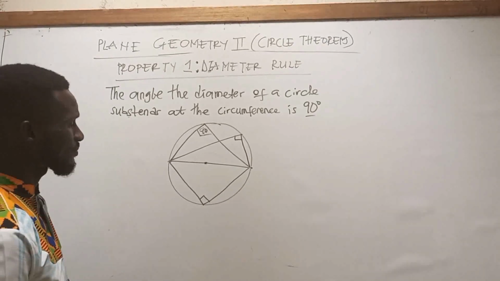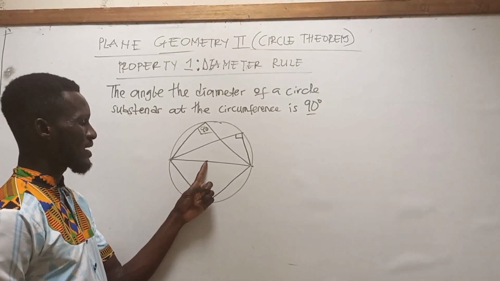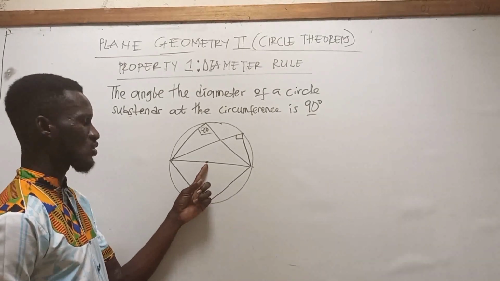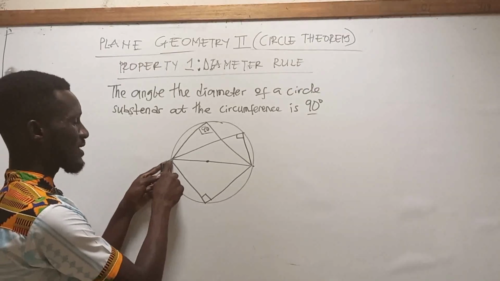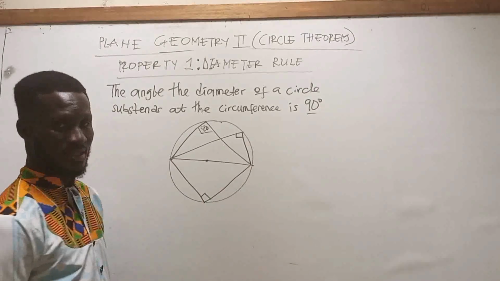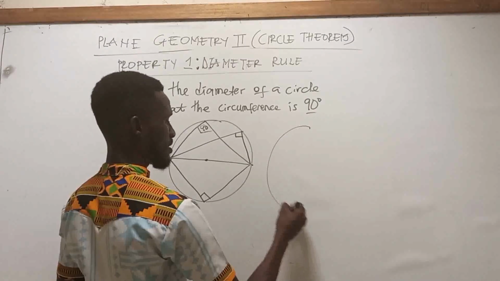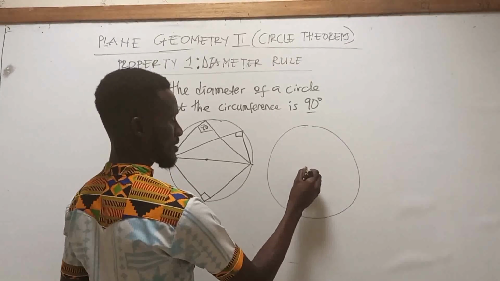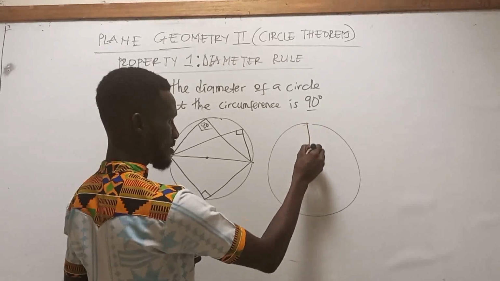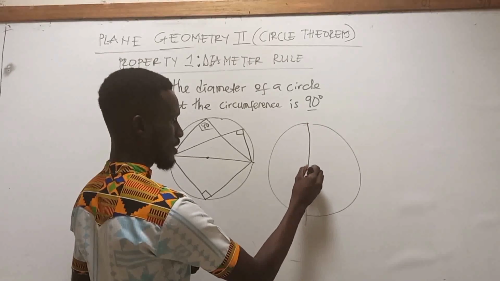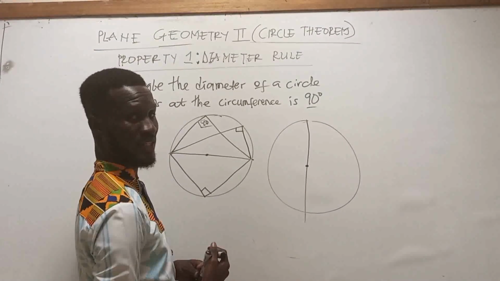Now look at something. This one is the center of the circle. So it is true that the line here is the diameter. The diameter is not only this one. It can also be something like this. This is the center, so the line is passing here, so this one becomes the diameter.